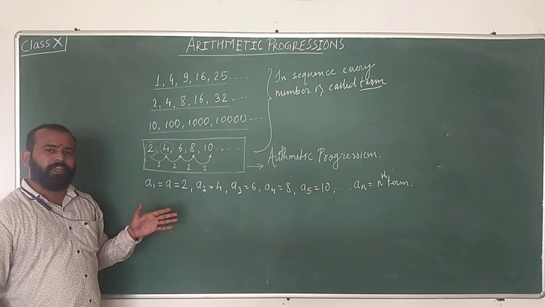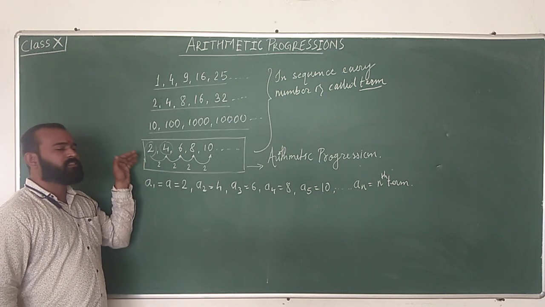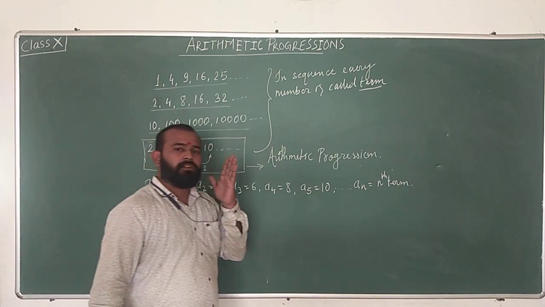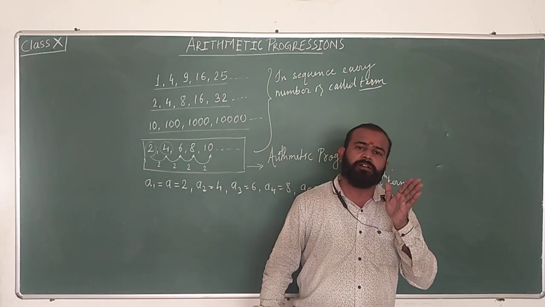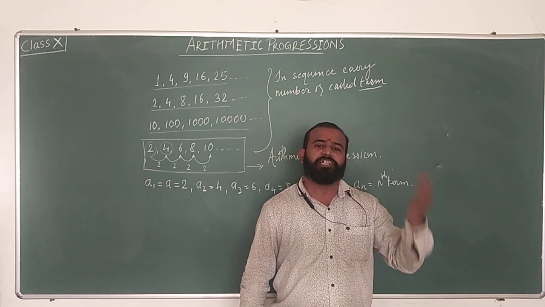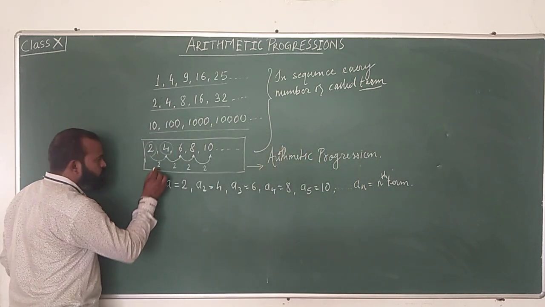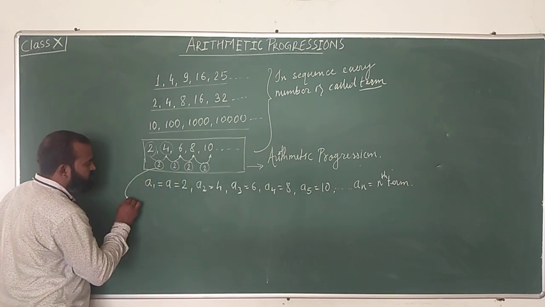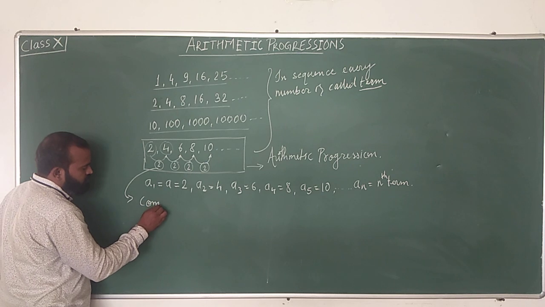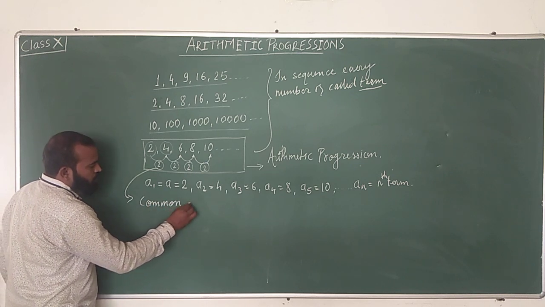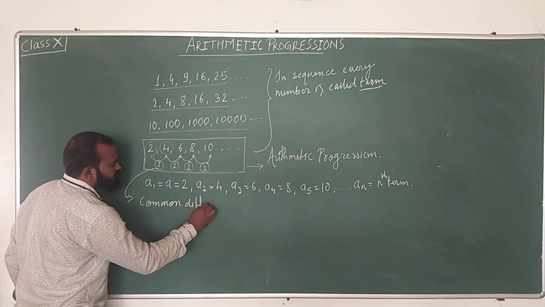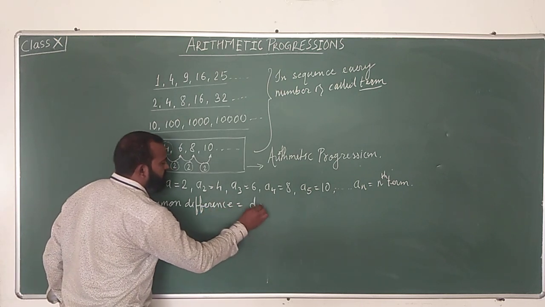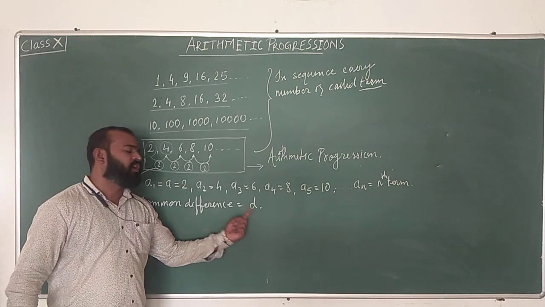Arithmetic progression is a sequence which is given by adding a unique number to the preceding number to get a succeeding number, and this unique number is called as common difference.